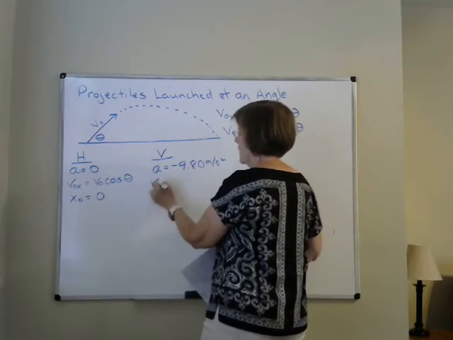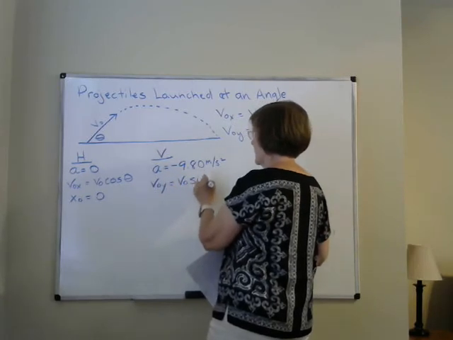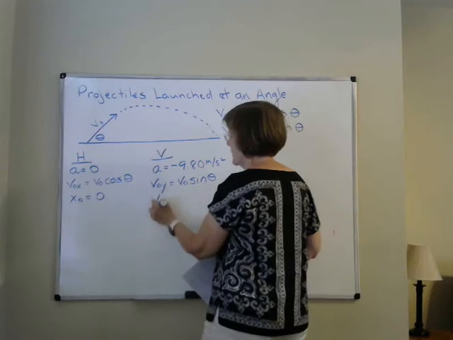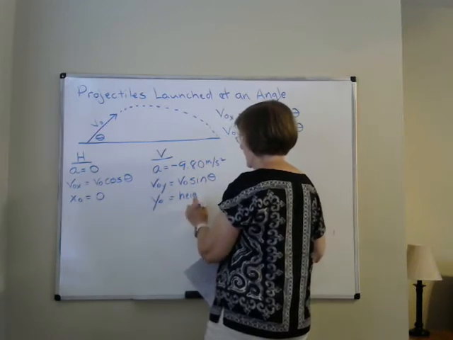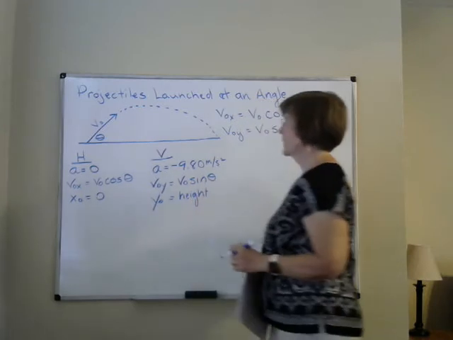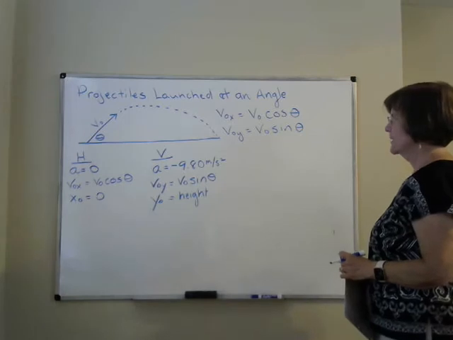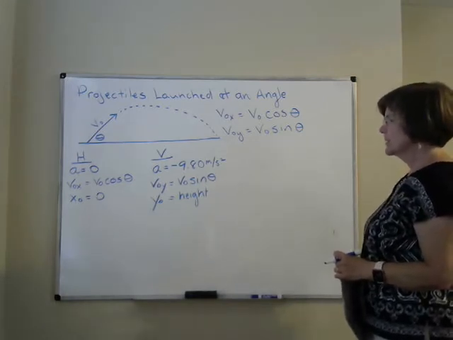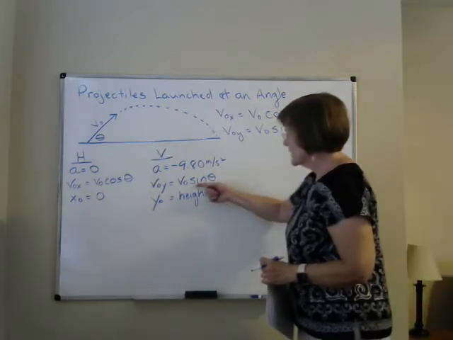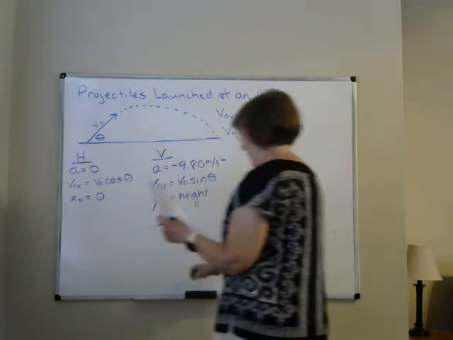The initial velocity vertically is v0 sine theta. And again, our initial y is the height. That could be 0, but that could be somebody standing up on a ladder launching something at an angle. Our equations are very, very similar. We've just got this factoring right here. So let's look at a problem.